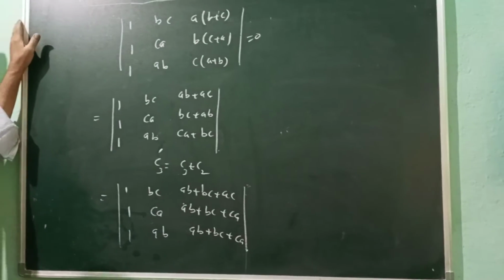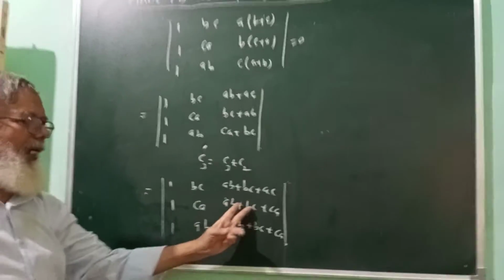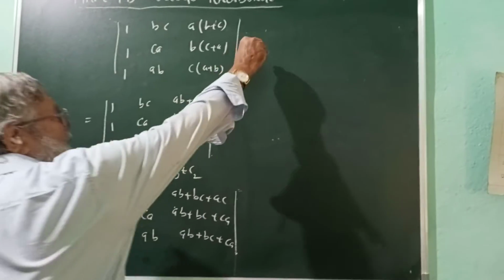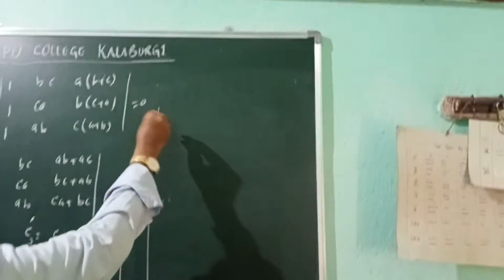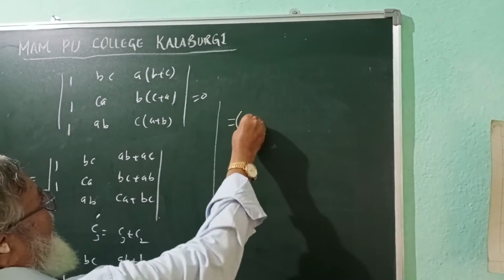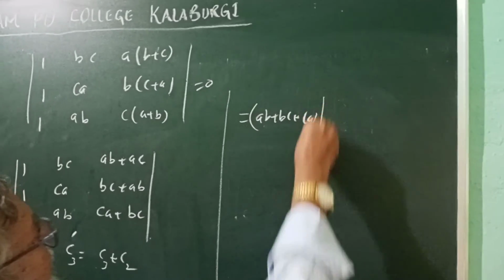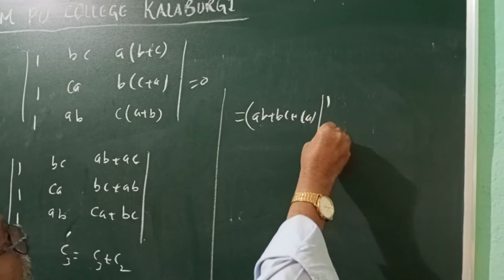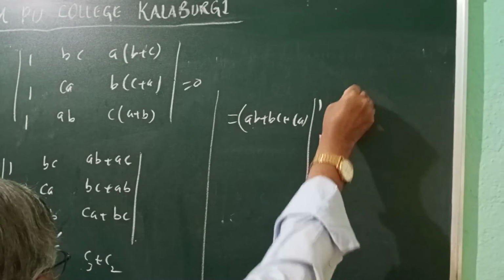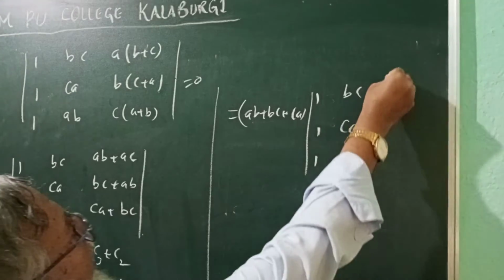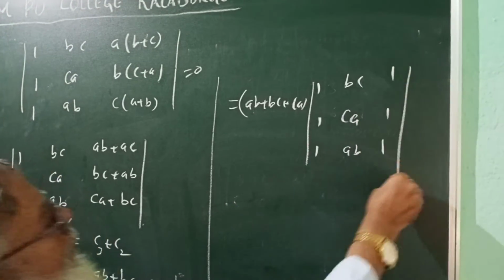Now you can see, we can take this quantity outside by the properties. We can write this as ab plus bc plus ca, taken common, times 1, bc, 1; 1, ca, 1; 1, ab, 1.